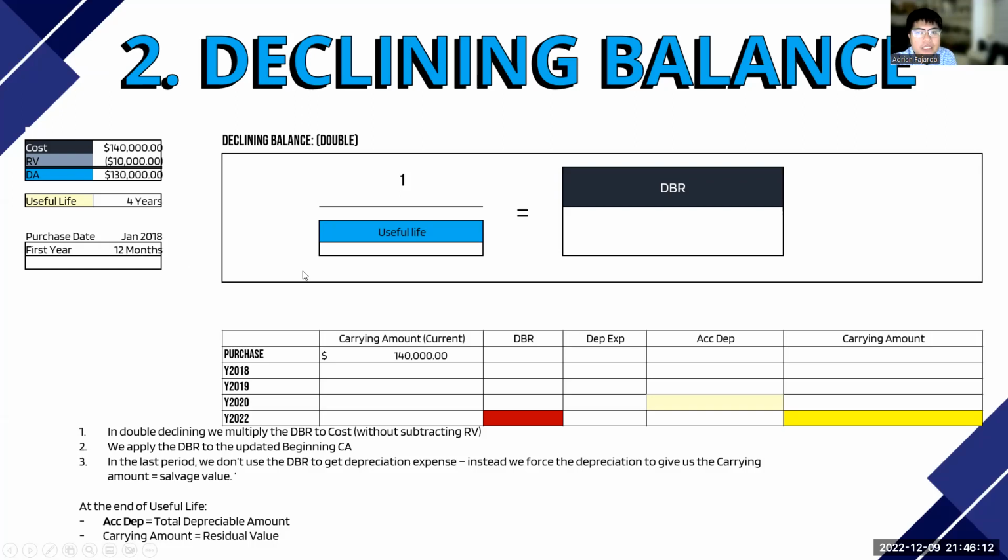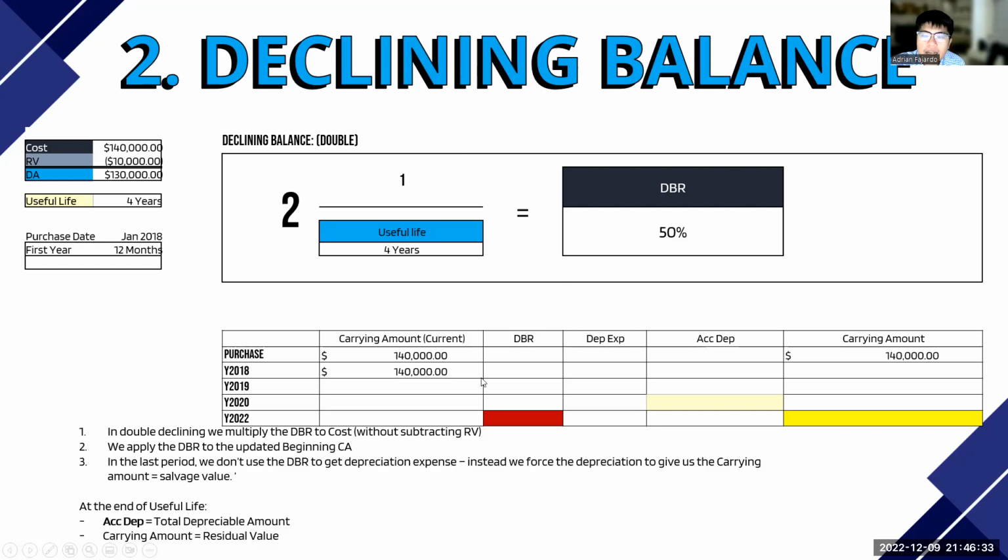So next step, let us solve for the DBR. So 1/4 times 2. Bakit 2? Dahil double declining. Again, pag 150%, this should be 1.5. But 2 times 1/4 is 50%. And therefore, now that we have our DBR, we can make our table.